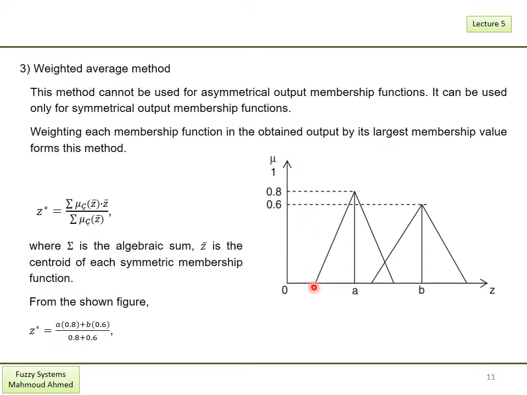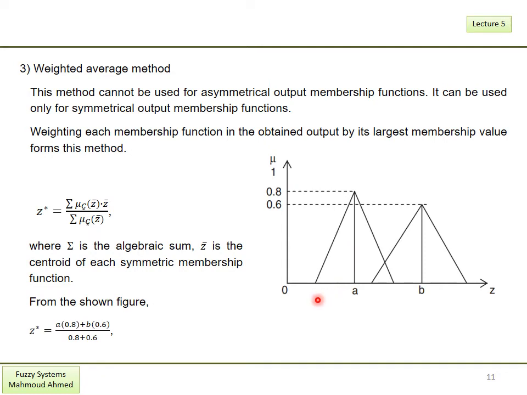We can find here a triangular membership function where this is the same distance as on the other side. Both sides are equal, so we obtain a symmetrical membership function for both functions.